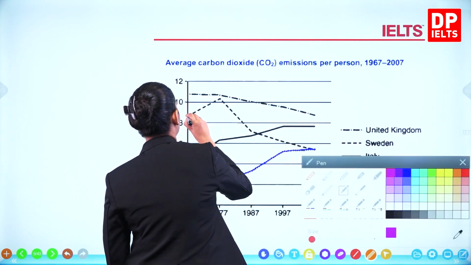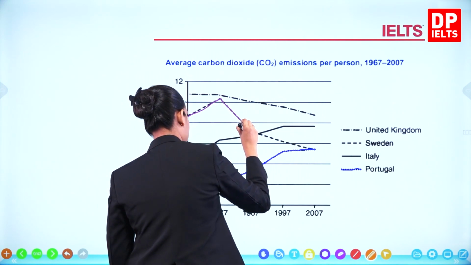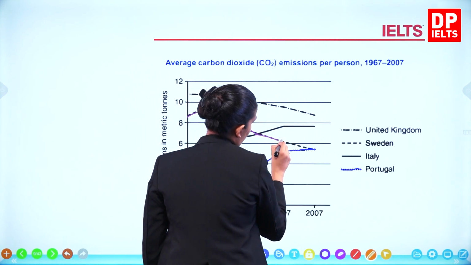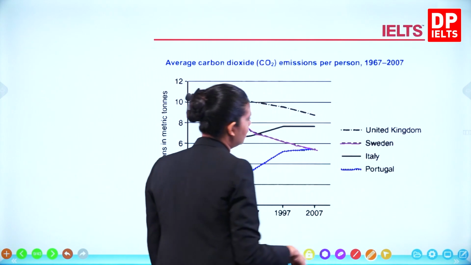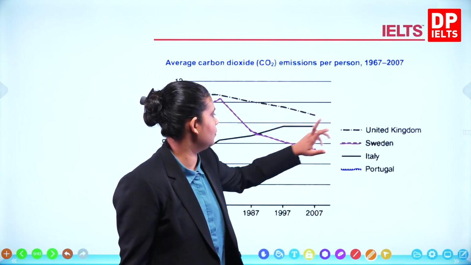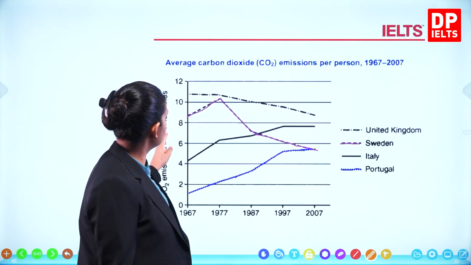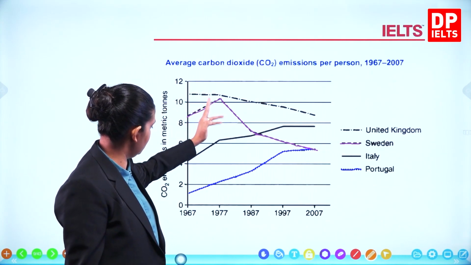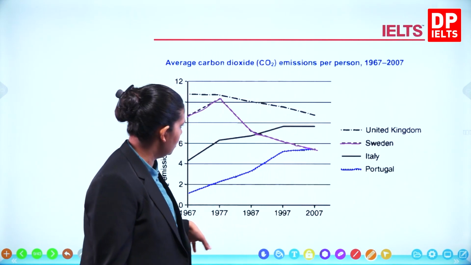So the pink line here is Sweden. So this is Sweden, right? I think the other two are quite straightforward. You have United Kingdom right on top and the dark black line is Italy. So if you see, in terms of United Kingdom, it was quite stable for some time, for about 10 years, and then started to decline.